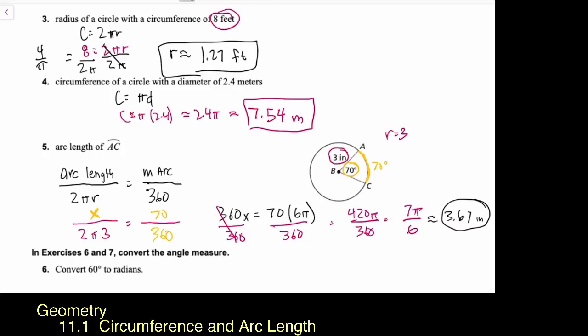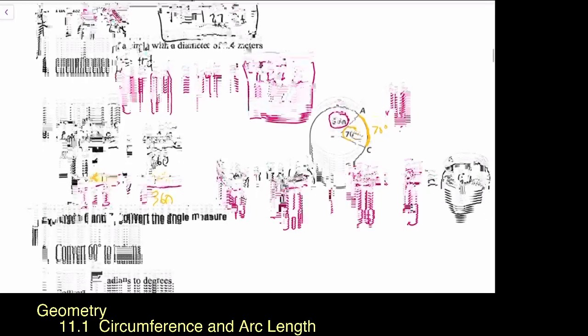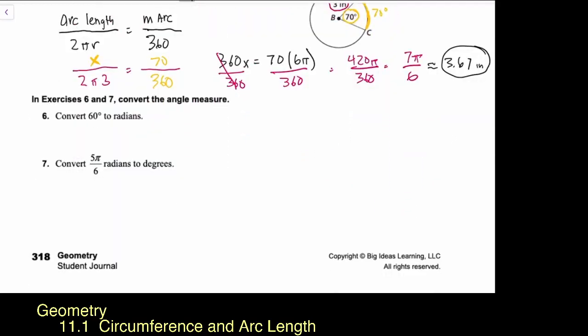Let's take a look at the last part right here. Problems 6 and 7. We're going to take 60 and convert to radians. Remember, if we convert to radians, we're going to have to multiply it by pi over 180. And think about this. If you took chemistry, you may have heard this before, where you're trying to cancel out things so you end up with what you're converting to. If 60 is in degrees, we have 180 down here in degrees as well.